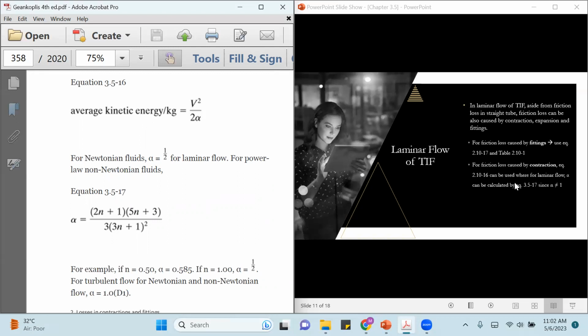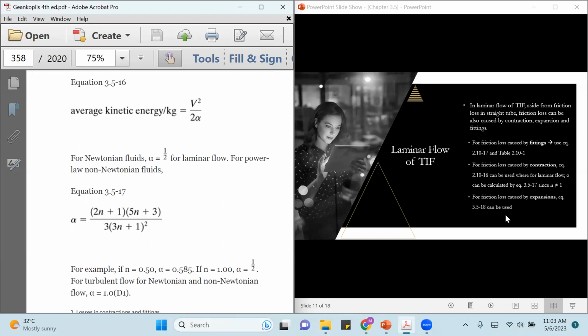But this is not Newtonian fluid, this is a non-Newtonian fluid. So we will calculate the alpha value using this equation. When we want to use equation 16 from chapter 2, the alpha is not half for laminar flow. That is for Newtonian fluid. For non-Newtonian fluid, you have to use this equation to calculate its own alpha. After you know this alpha, you put it into equation 16 of chapter 2.